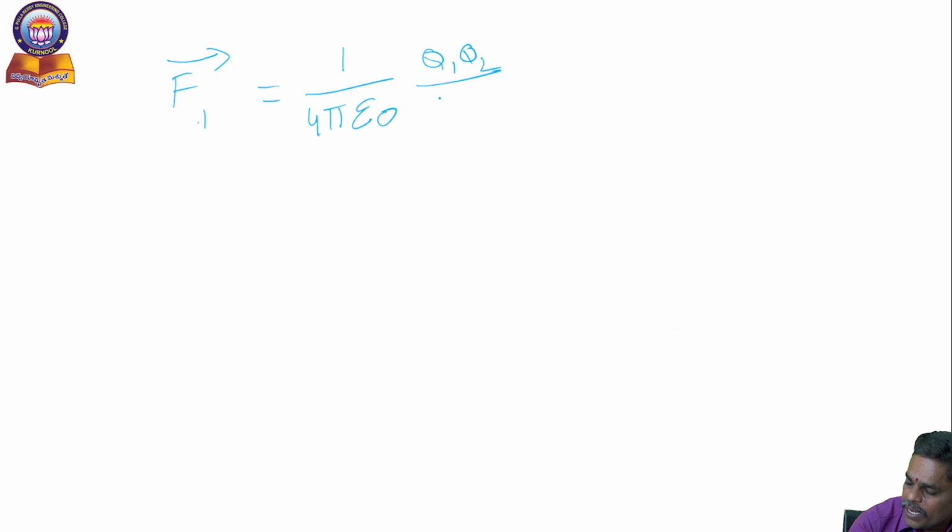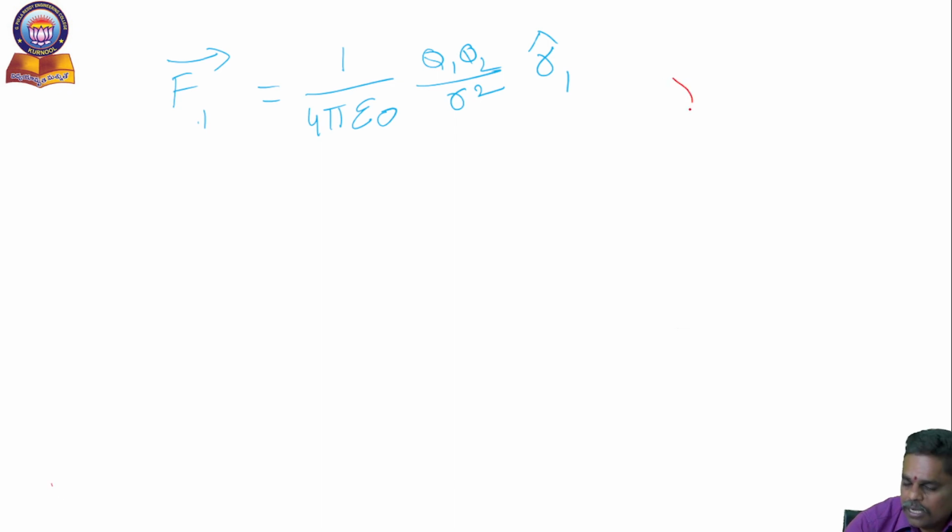Now I am calculating the direction of F1. The force on F1 is equal to 1 by 4 pi epsilon naught Q1 Q2 by R square, and the unit vector is R1. Now what is a unit vector?